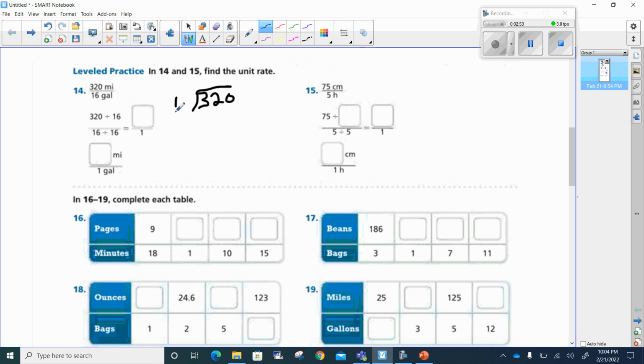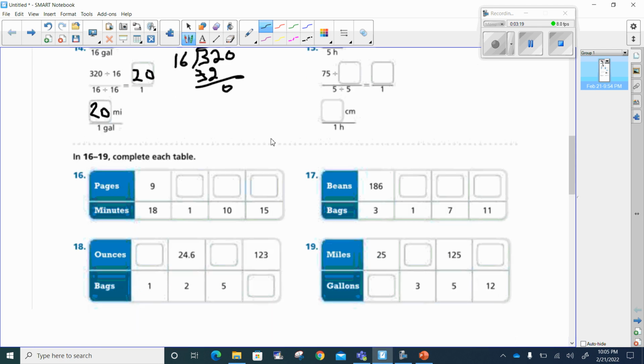I know 16 goes into 32 twice. That leaves us with a 0, so I fill that with a 0. So I'm going to go 20 times. That means I get 20 miles for every 1 gallon.